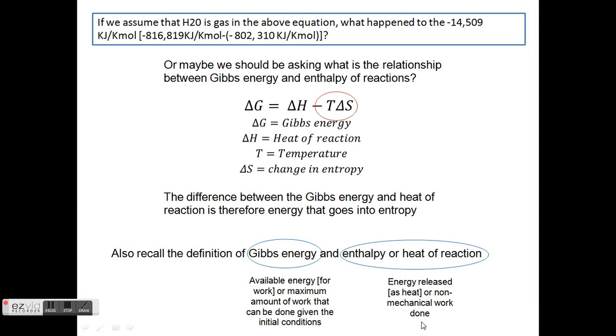So in combustion systems, we want to know the energy released, and that's why we focus on the enthalpy. And with Gibbs in biochemical reactions, we want to know the energy that is available for the microorganism, part of which will be used for its metabolism, and what will be left in our system.